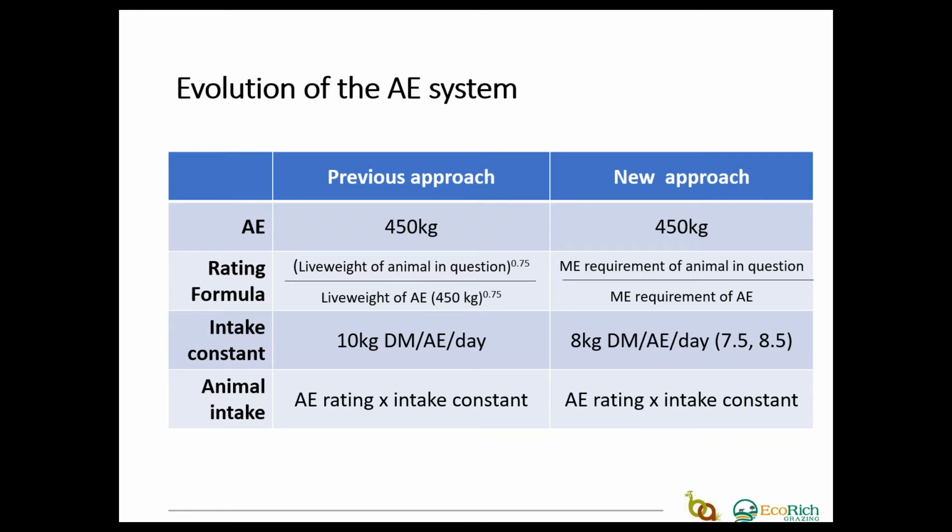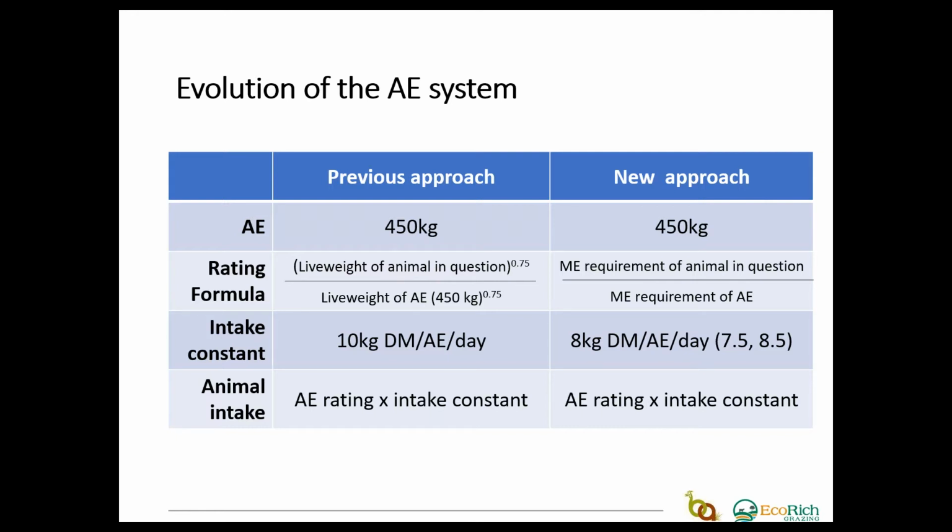The way we worked out the adult equivalent rating was to use the metabolic weight formula: the live weight of the animal in question in kilos to the power of 0.75 divided by the live weight of the standard animal, 450 kilos to the power of 0.75. That gave us an AE rating of roughly between 0.5 and about 1.5.